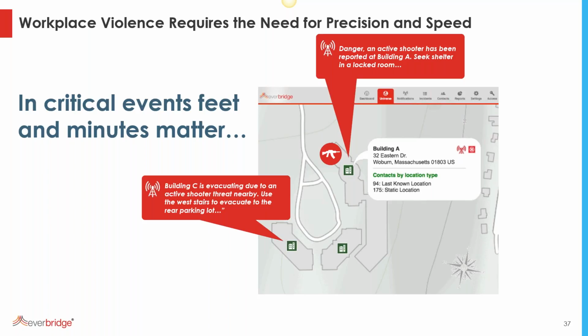I don't want to be jumping back and forth between HR and my access control systems because there isn't a lot of time to do that. As you know, in an active shooter scenario, seconds matter. So this helps me ensure the safety of my people in my campus.